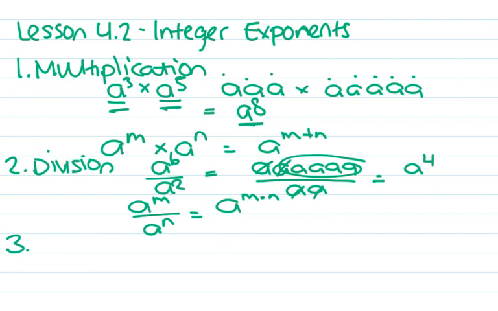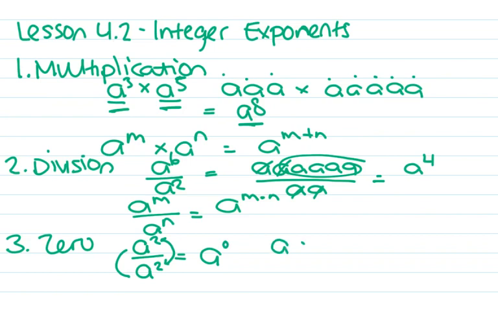The third exponent rule is the 0 rule. So if I have a to the power of 2 divided by a to the power of 2, I would subtract these exponents because of the division rule. My bases are the same, so I can subtract their exponents, and that would leave me with a to the power of 0. If we expand this out, I would have a a over a a.